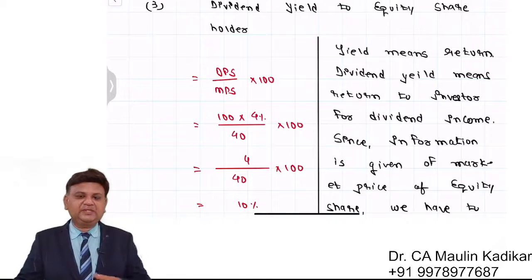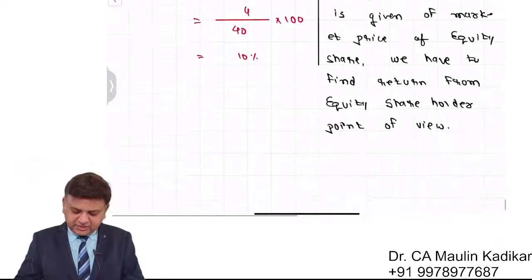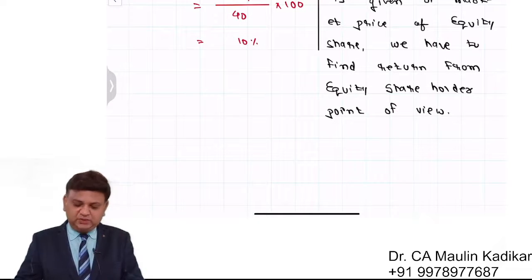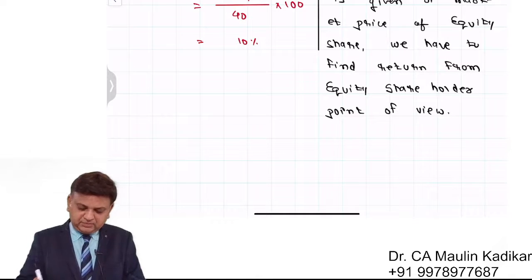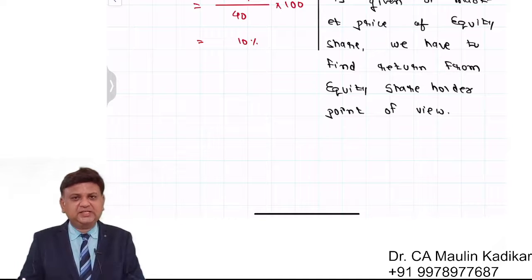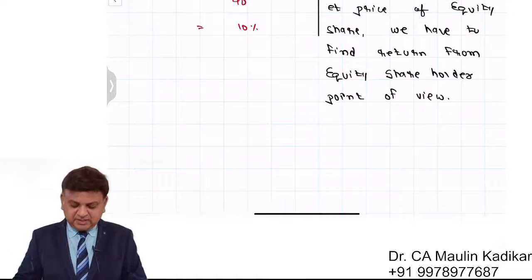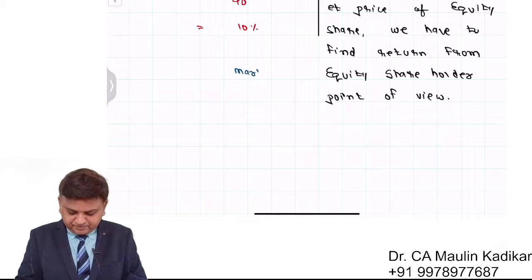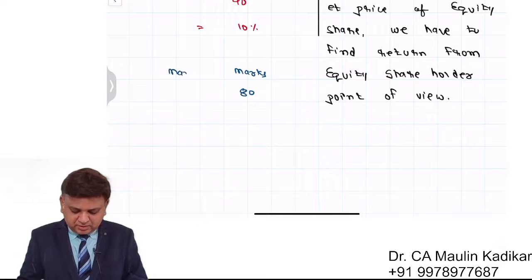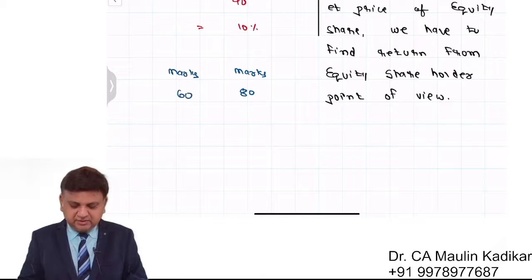One more time, I'm giving some explanation of this. We have to understand logically in this way. For example, there is a test in your class, and suppose the test paper was of 80 marks, and you got, let us say, 60 marks.